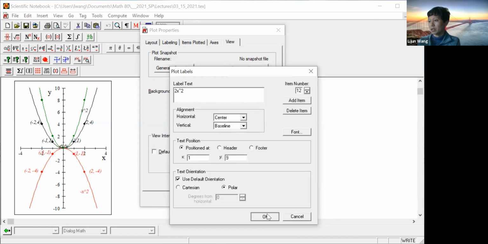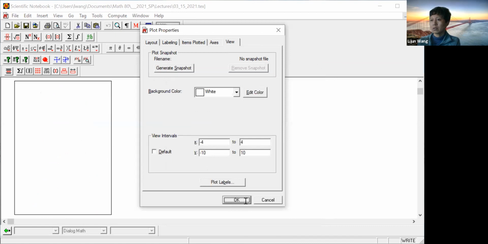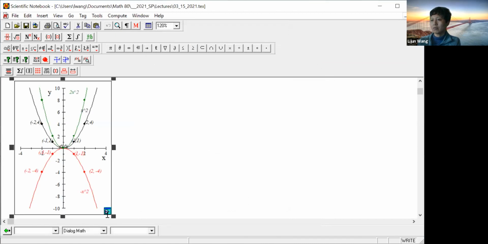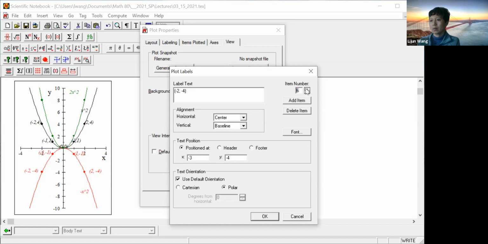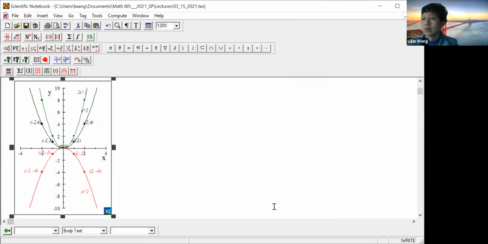Let's see if this will make it. Oh, we can scoot over a little bit. Okay, we can scoot it over just a little bit. Say 1.5. 1.75. All right. Not too bad, right?